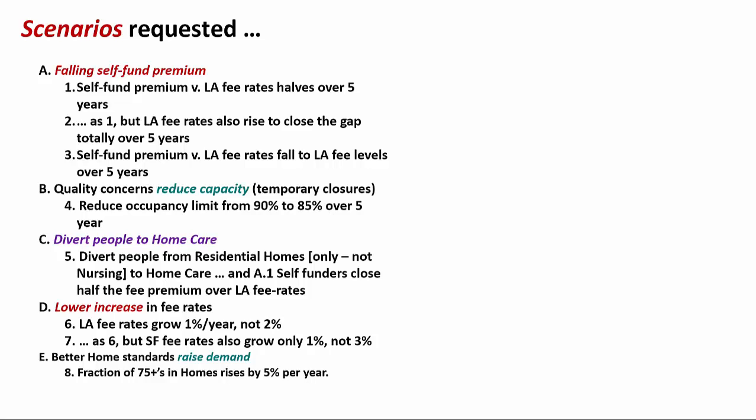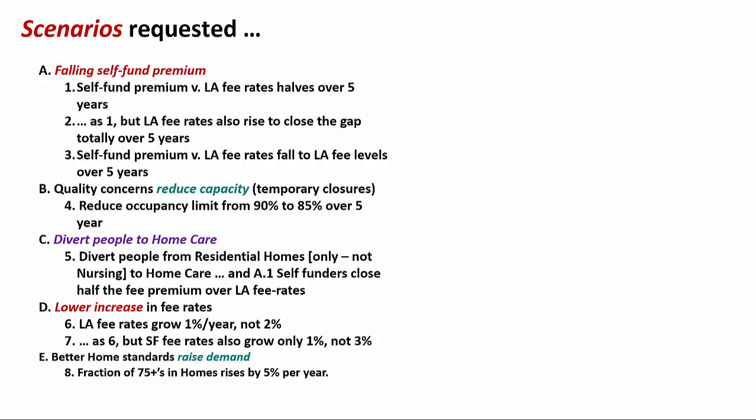Scenario D looks at lower increases in fee rates compared with the base case. So the base case assumes that local authority fee rates will grow by 2% a year, so what would happen if those fee rates only grew by 1% a year? And scenario D7 looks at a lower growth in fee rates paid by self-funders as well.